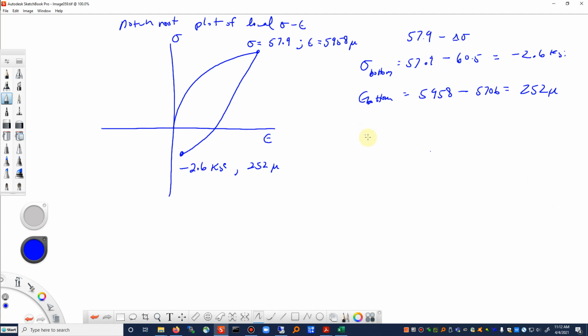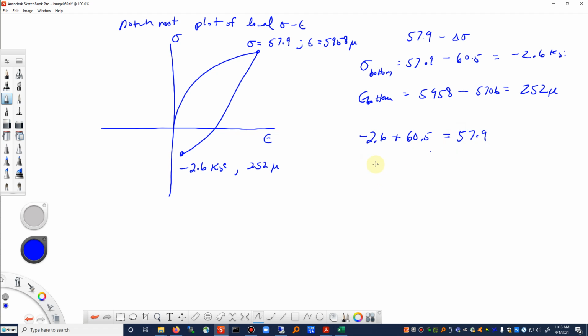All right, so I'm at minus 2.6 KSI. I'm going to add a delta sigma of 60.5. I'm going to be at 57.9.